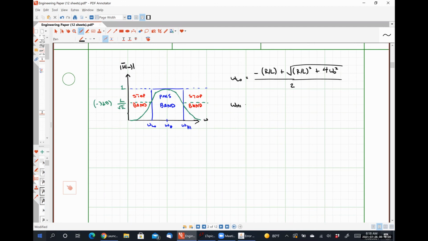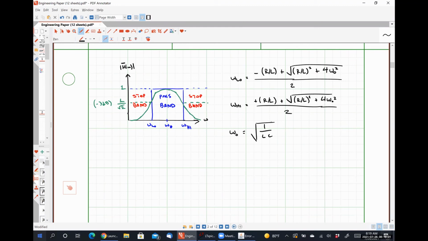Omega high will be positive R over L plus the square root of (R over L) squared plus 4 omega naught squared divided by 2. And omega naught, hopefully this won't be much of a surprise, is simply going to be the square root of 1 over LC.